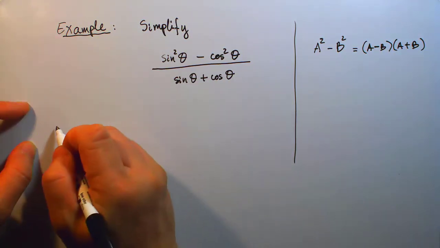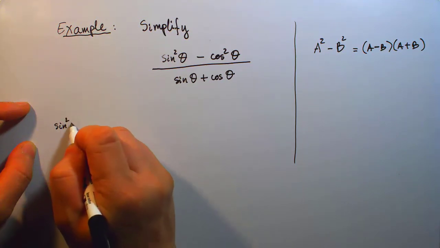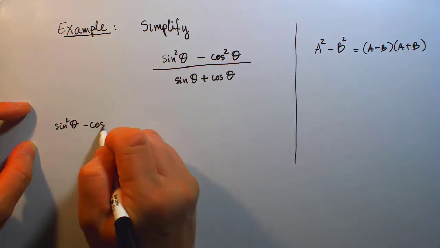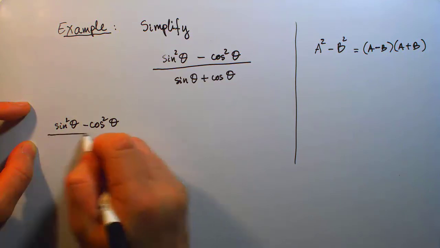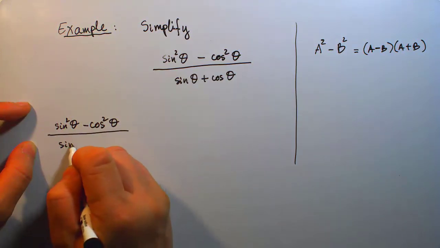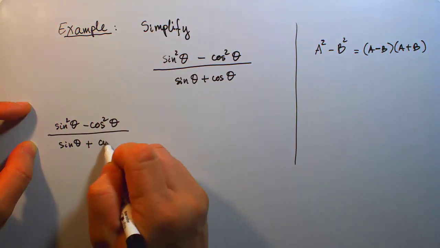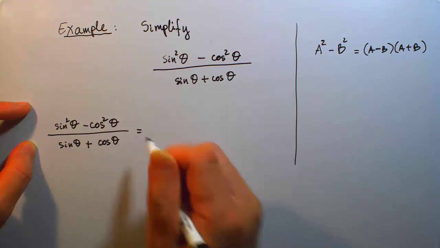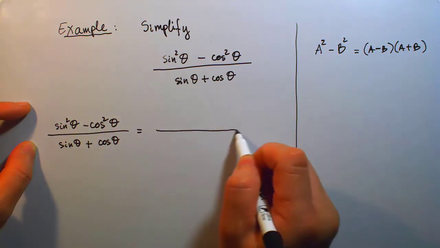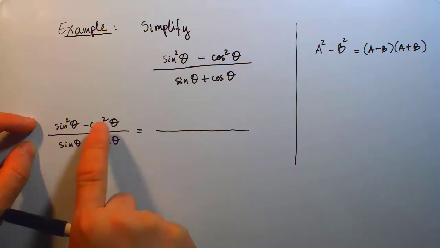Starting with sine square theta minus cosine square theta divided by sine theta plus cosine theta, I am now going to factor the expression in the numerator.